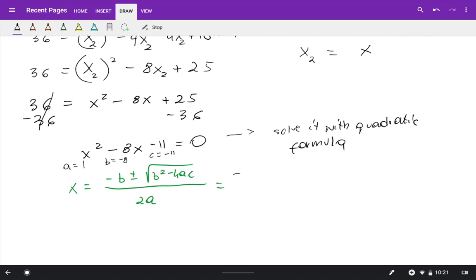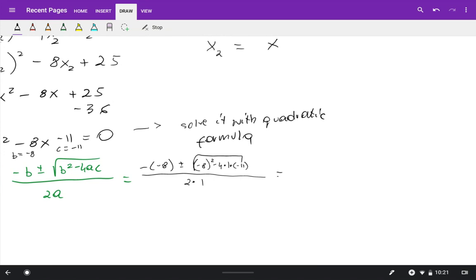So we have negative b, which is negative negative 8, plus minus the square root, and we have b squared, which is negative 8 squared, minus 4 times 1 times negative 11, and divide each by 2 times a, which is 2 times 1.